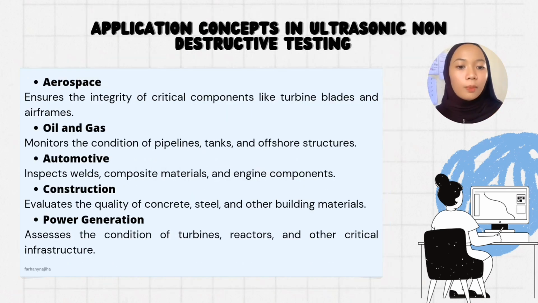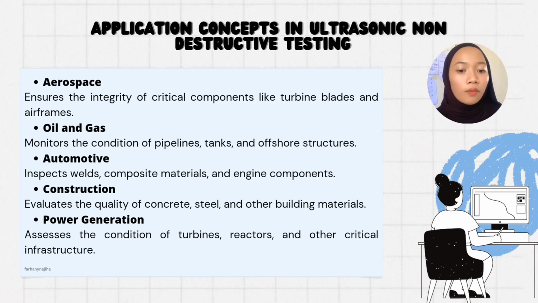Here are some application concepts in ultrasonic non-destructive testing. First, we have aerospace, which ensures the integrity of critical components like turbine blades and airframes. Next, we have oil and gas, which monitors the condition of pipelines, tanks, and offshore structures.